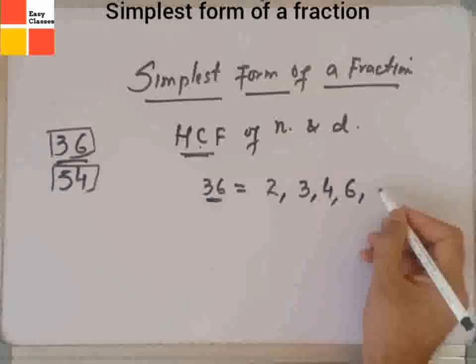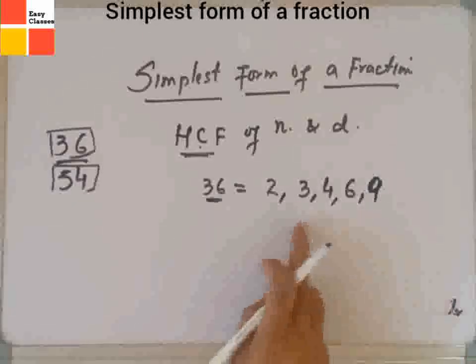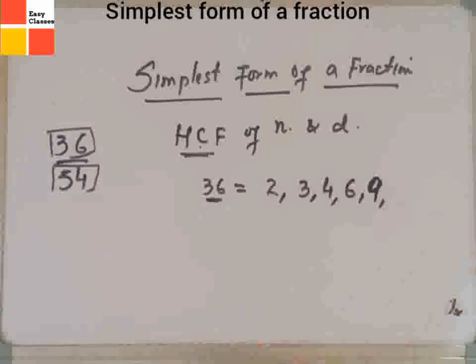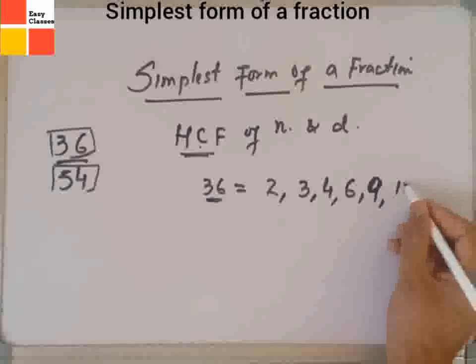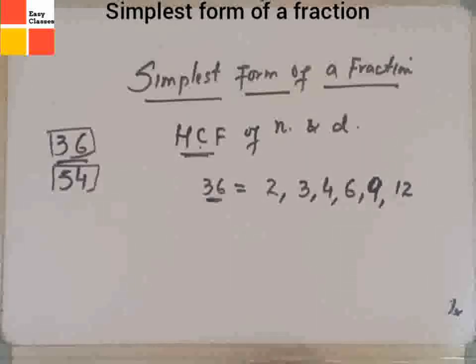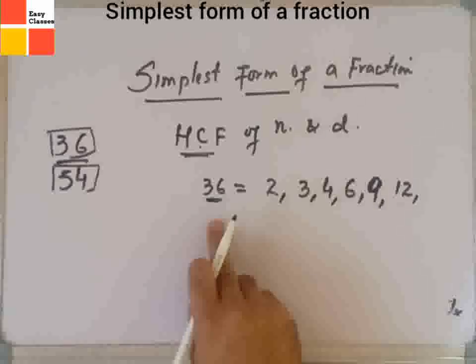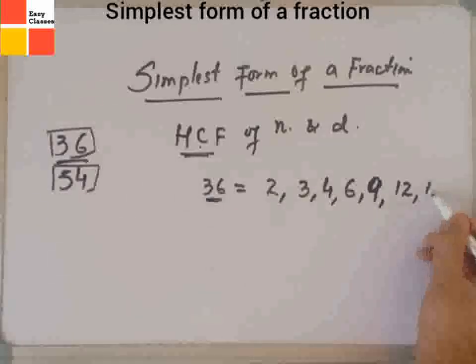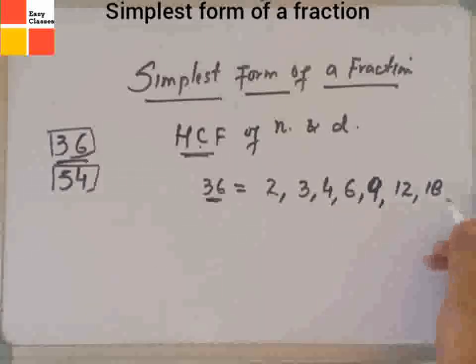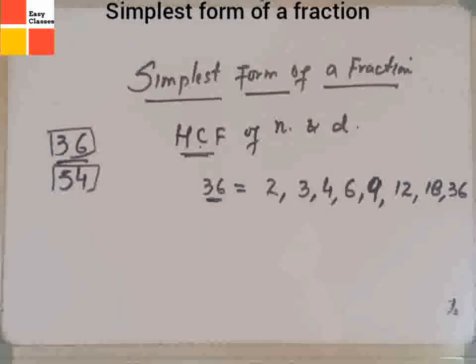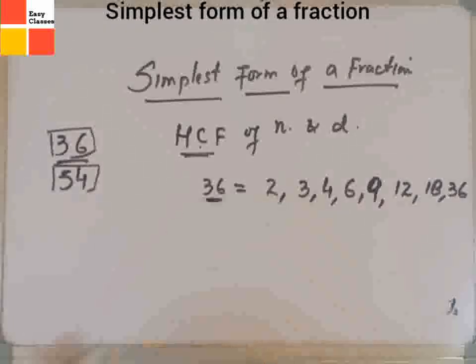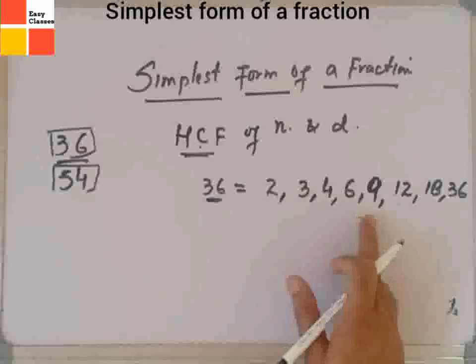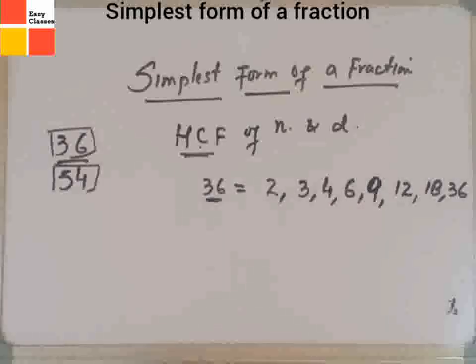Then 9 4s are 36, 12 3s are 36, 18 2s are 36, and 36 1s are 36. So these are its factors. Factors means the numbers which can divide 36 exactly, leaving no remainder: 2, 3, 4, 6, 9, 12, 18, 36.